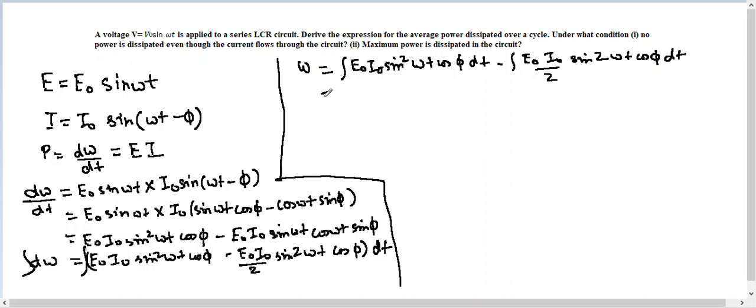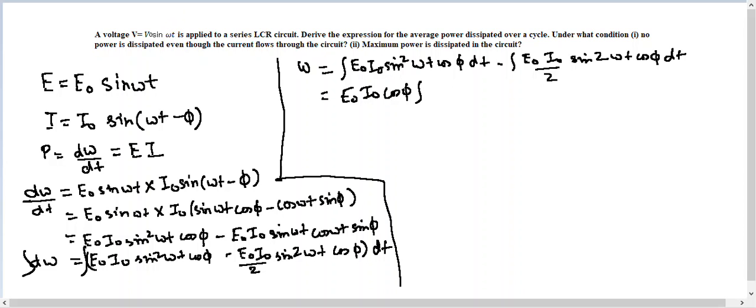So I am just going to put out all the constants. So E naught I naught cos phi are the constants here.